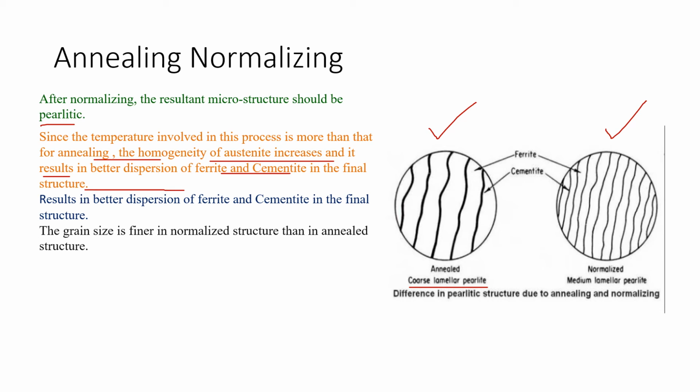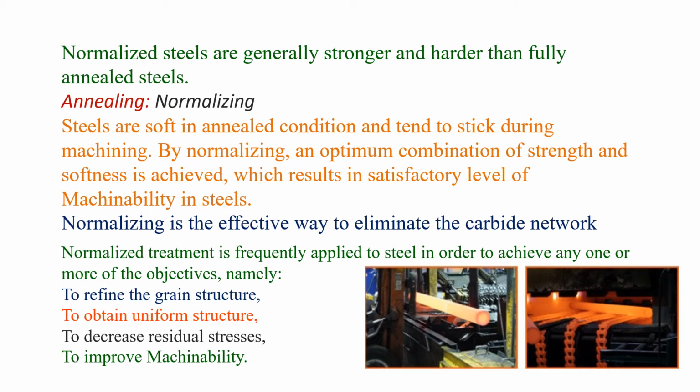The grain size is finer in normalized structure than in annealed structure. Normalized steels are generally stronger and harder than fully annealed steels.